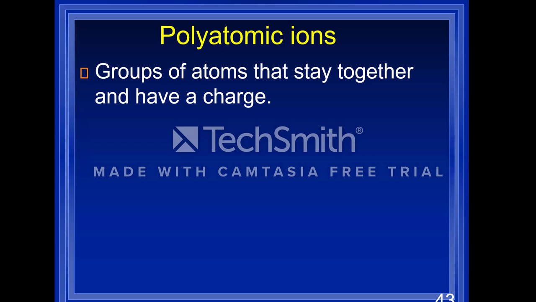We did them last chapter. That's where you encountered them in the first place, and we built them. We said, how does this form? They were the things that were covalently bonded with either extra electrons or missing some electrons.